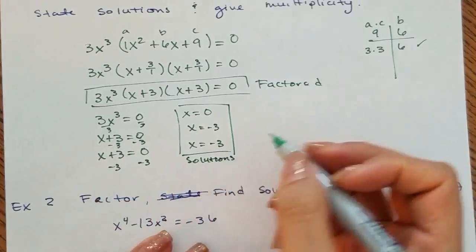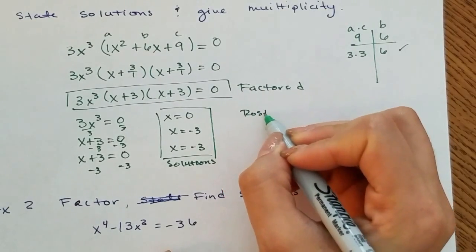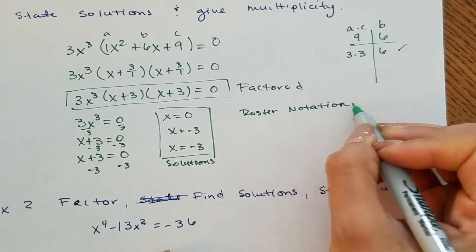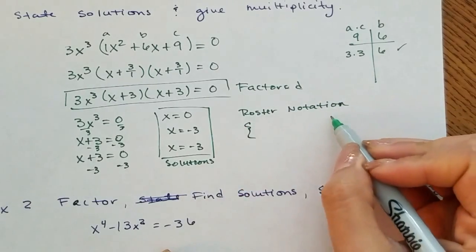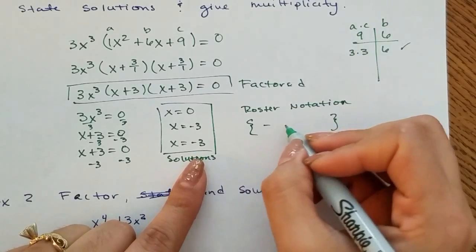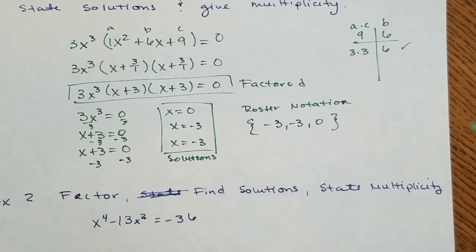Remember, when we give our solutions, you have to give them in roster notation. Remember, roster notation was just the list of them. So from least to greatest, we have negative 3 and 0.